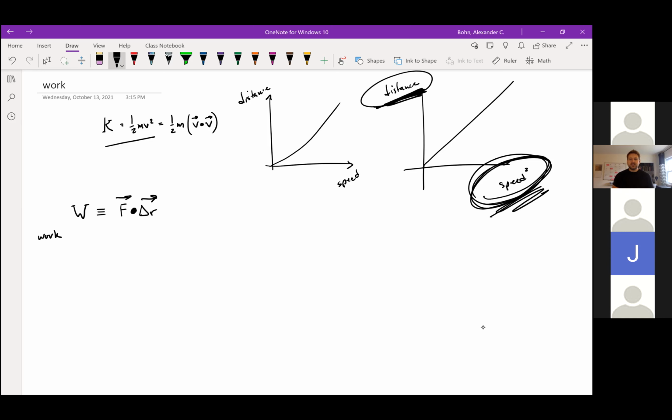Maybe the force is changing direction or changing magnitude or both. Maybe the angular orientation between the force and the displacement is changing. I don't know. And if it's changing, then we might have to account for the fact that it changes.